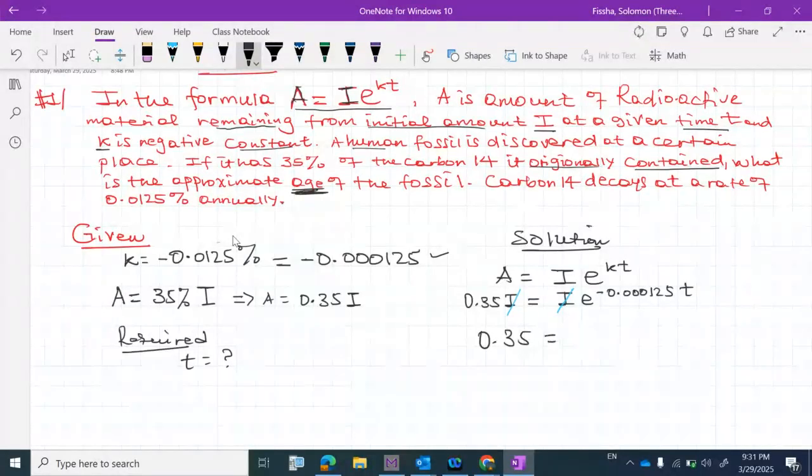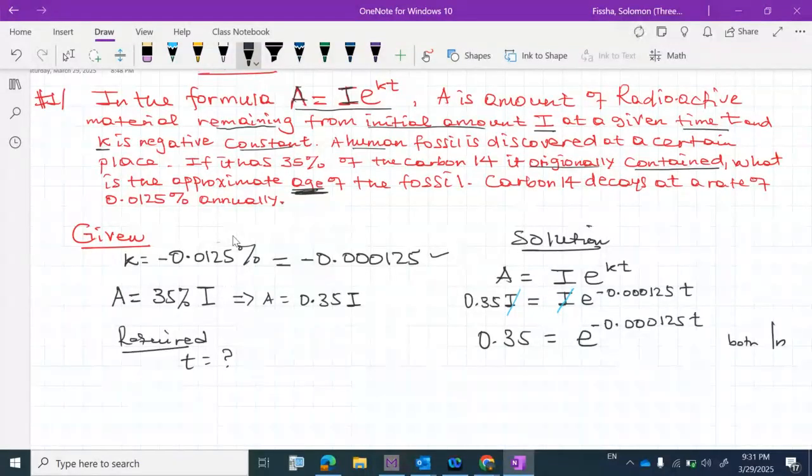Now the next is 0.35 equals e to the power of negative 0.000125 t. So now remember, when we have e, to avoid this e, you have to multiply both sides by ln, the natural logarithm.